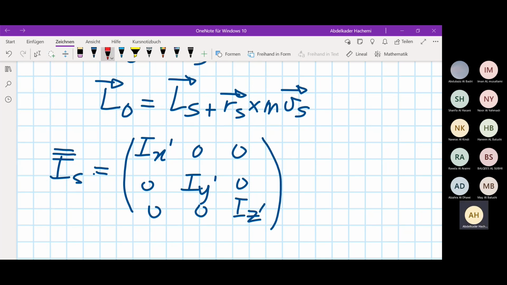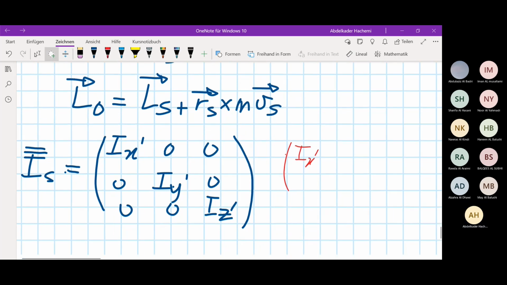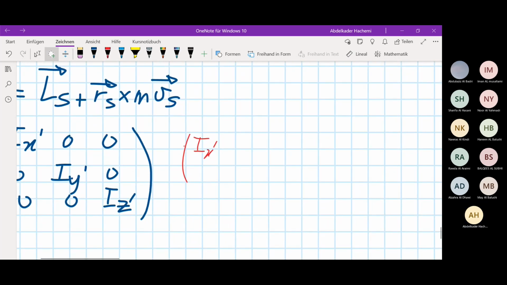I write all components: I x prime y prime, which is equal to I y prime x prime, will be equal to 0.